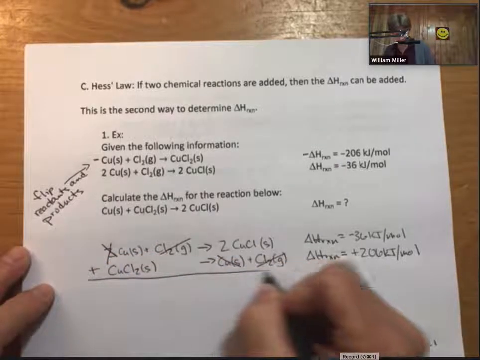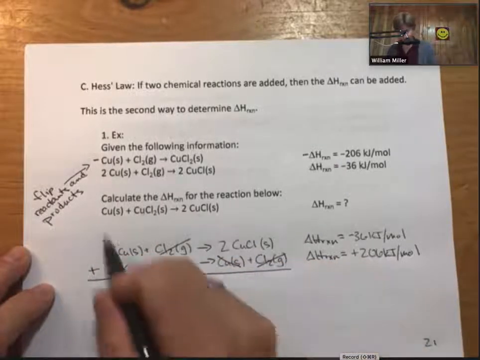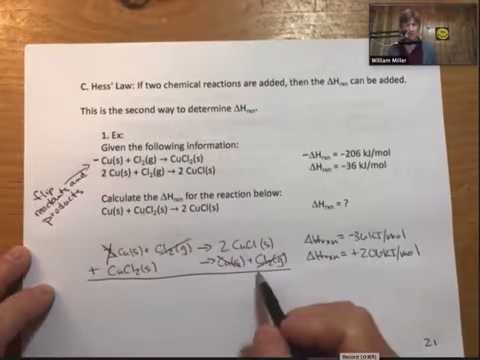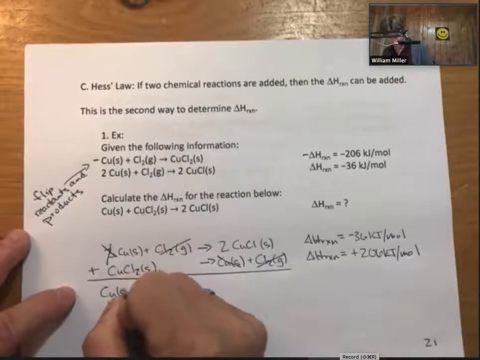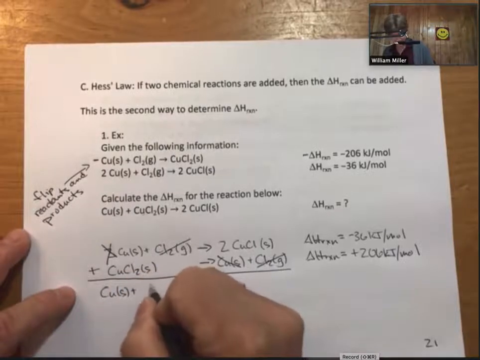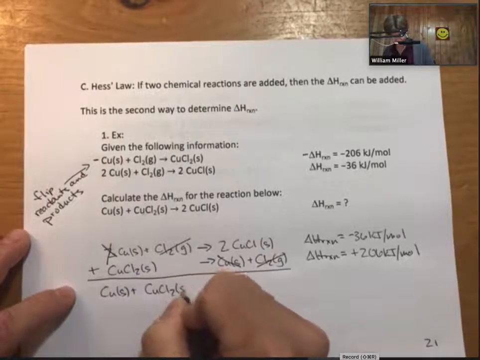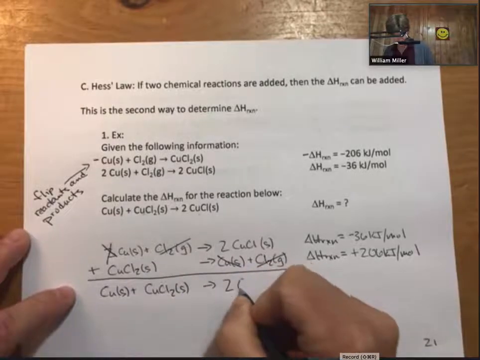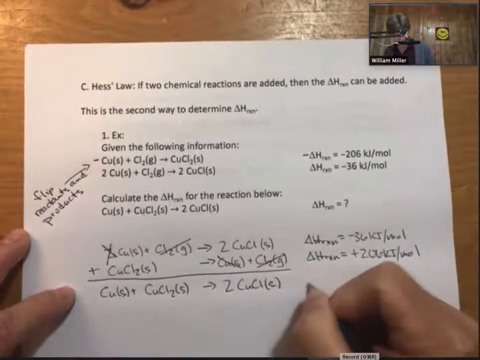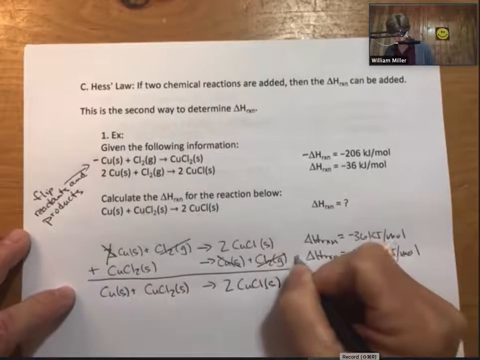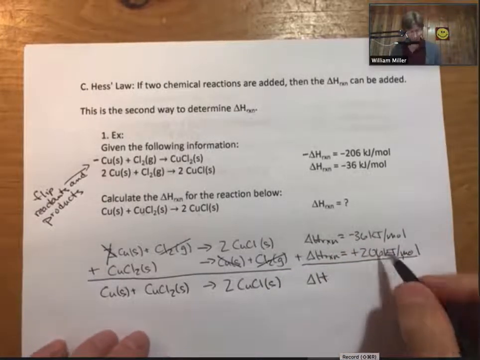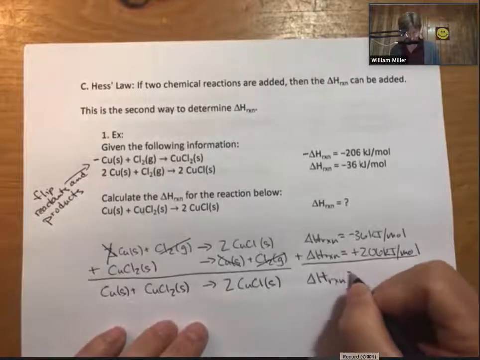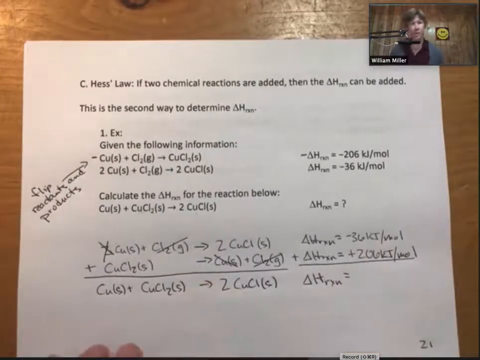I'm going to add up what's left, and lo and behold, I get the reaction that I'm trying to build, which is a harder reaction to do. So add my reactions, add my energies, and I get the delta H reaction for the reaction that I'm looking for.